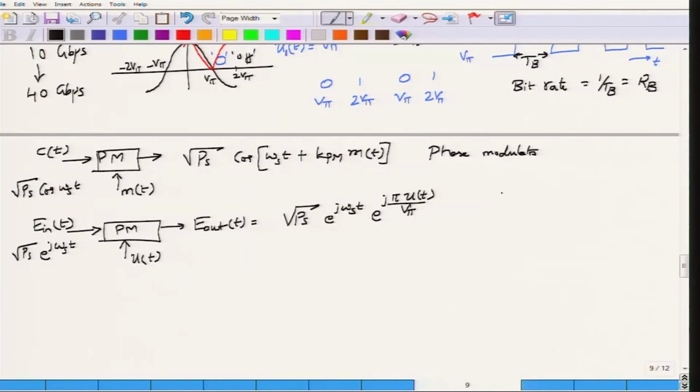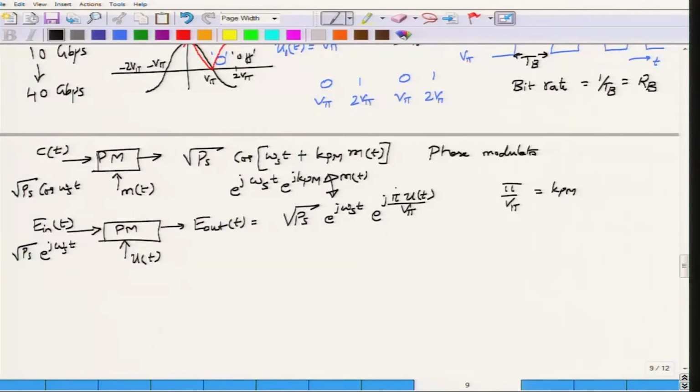But if you understand that pi by V pi with whatever the input voltage that you are going to get with u of t, the peak value of that u of t can be taken to be some Kpm, then you see that these two relationships are exactly equivalent. One of course is written in terms of cos omega st, but all that you are saying here is nothing but the complex representation, which would be e to the power j omega st e to the power j Kpm m of t.